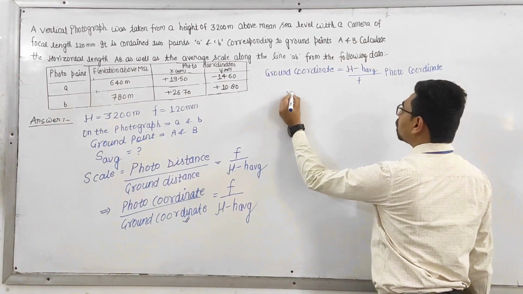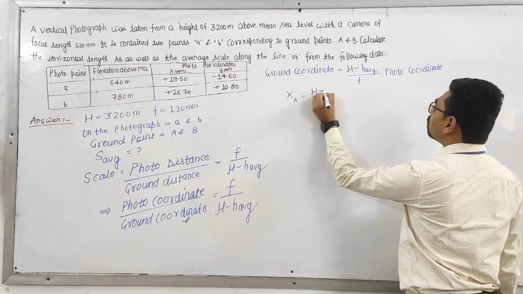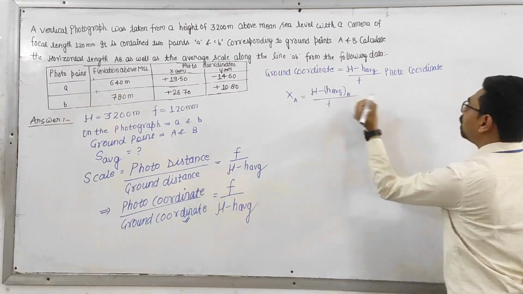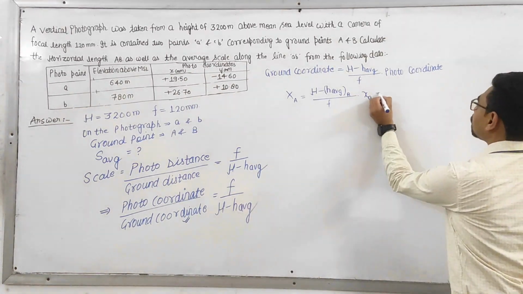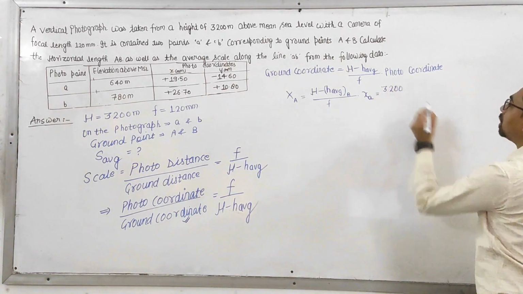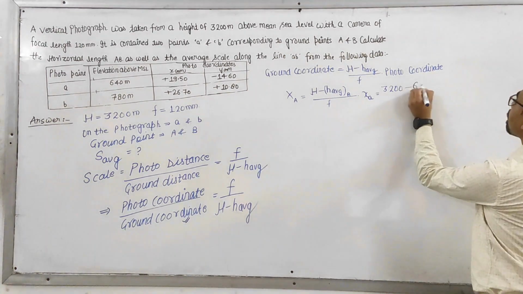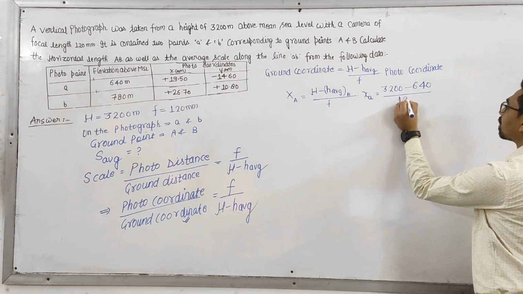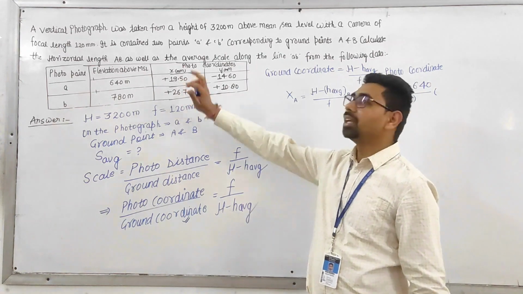If we calculate the ground coordinate of XA, then we have H minus h average of A divided by focal length into photo coordinate of A. This means XA is 3200 meter, the height from mean sea level, minus average elevation of A, 640 meter, divided by focal length, 120 mm, into the photo coordinate, 19.50 mm.